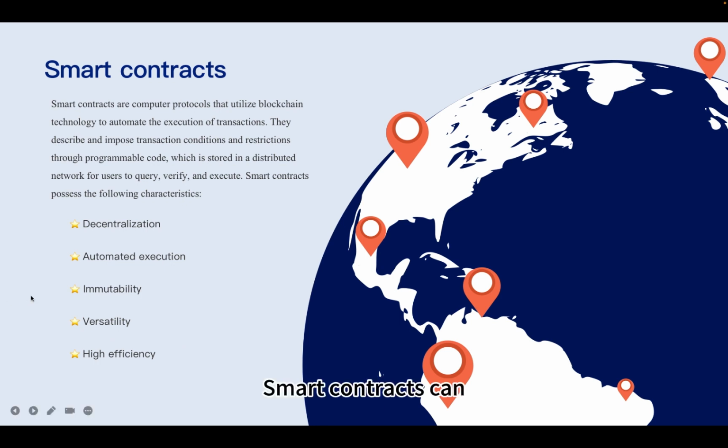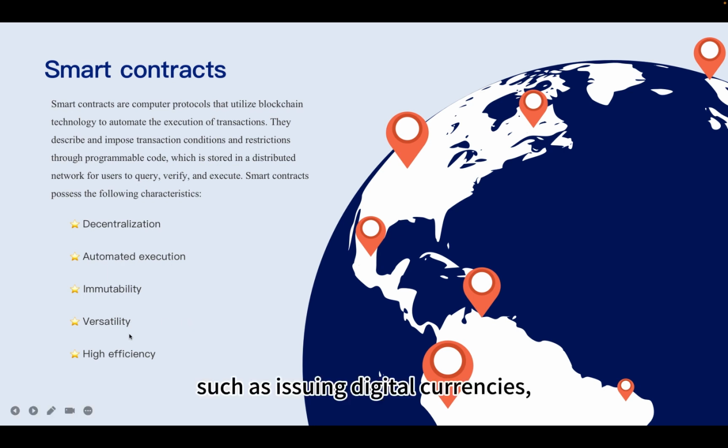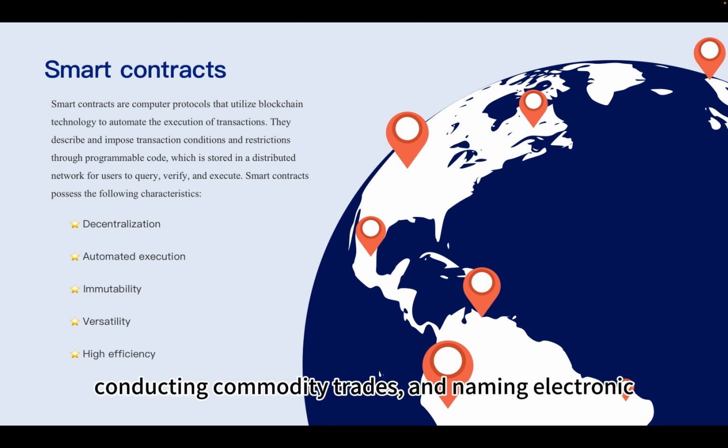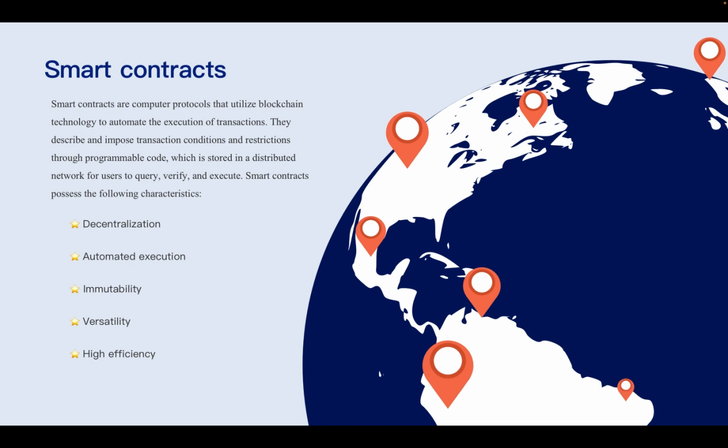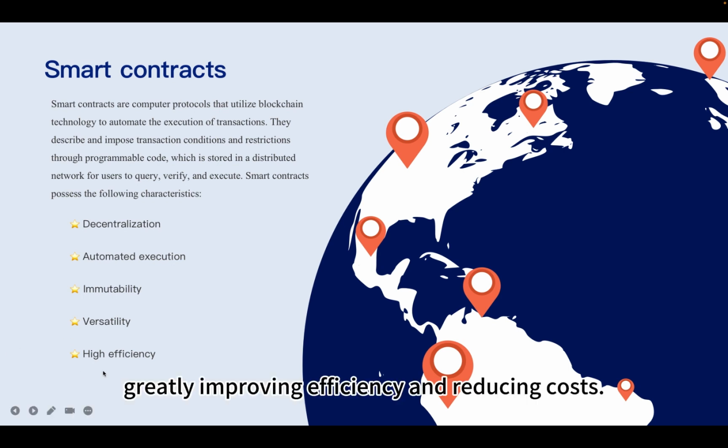Smart contracts can support various scenarios and applications, such as issuing digital currencies, conducting commodity trades, and naming electronic stablecoins. Last but not least, high efficiency. Smart contracts eliminate the need for manual intervention by automating the execution process, greatly improving efficiency and reducing costs.